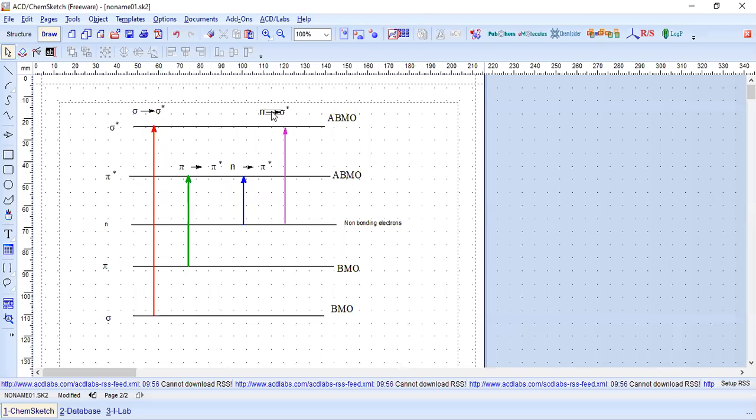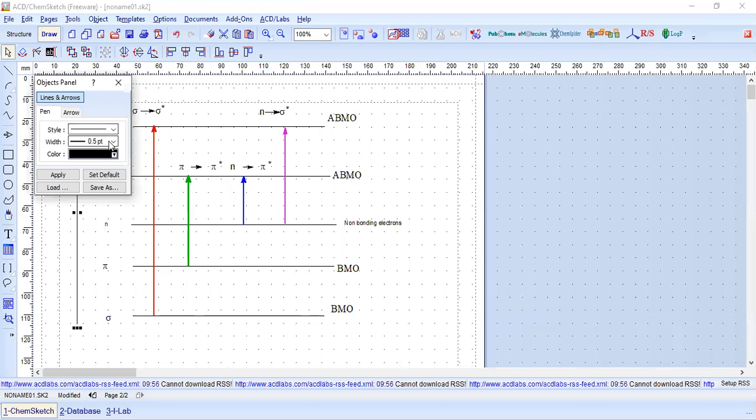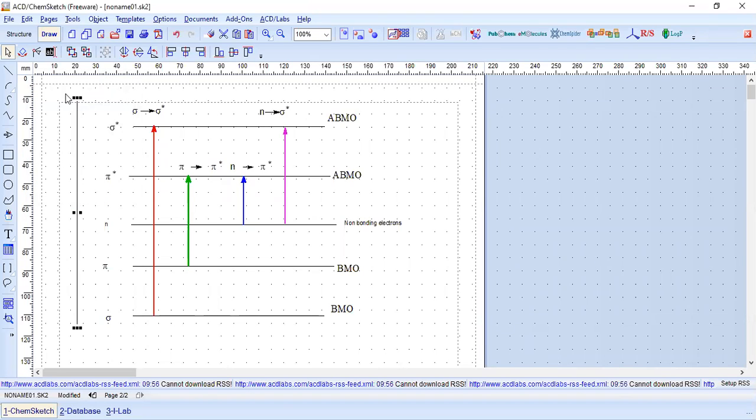Now, with respect to energy, we have to discuss this. Which electronic transitions are coming in which range? What is the energy required for this? This is the energy level, and sigma to sigma star requires high energy, and moreover it will happen in vacuum UV.